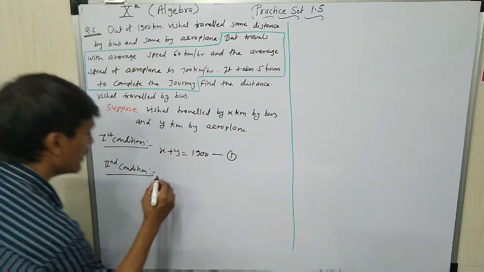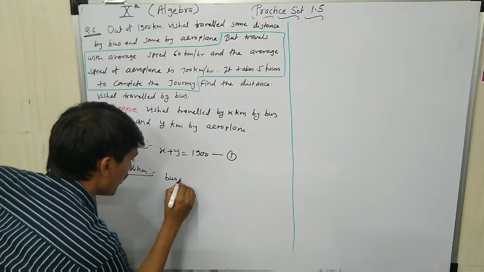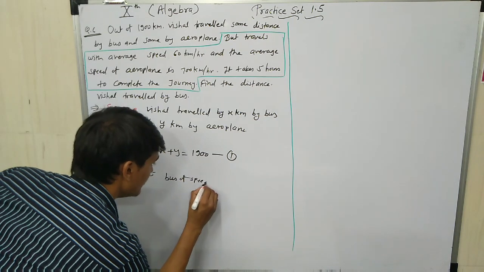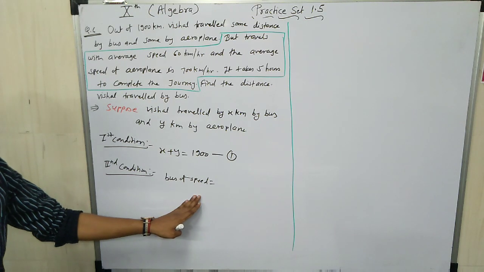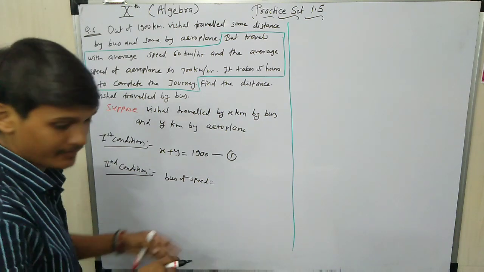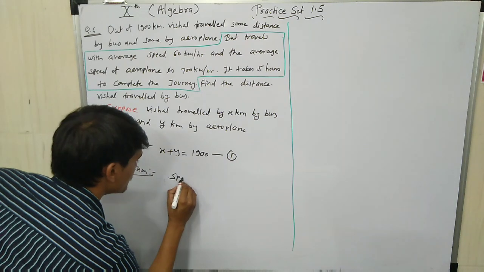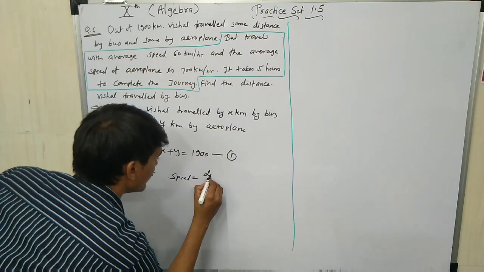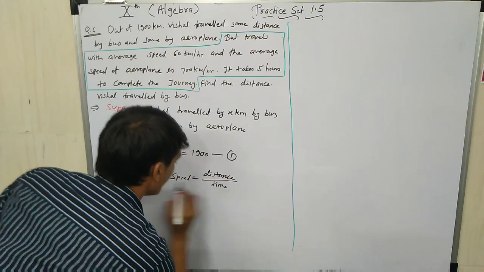Now speed of bus. Write down, bus speed is equal to what? The formula is what? Speed is equal to distance upon time. First write down here the formula, speed is equal to distance upon time.